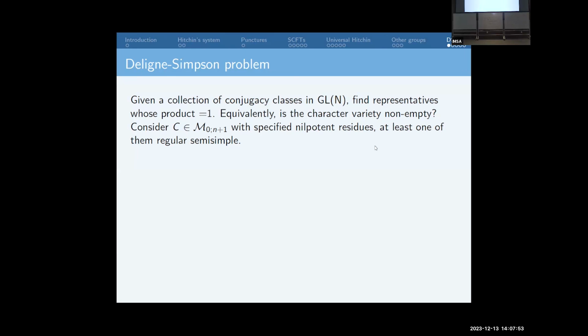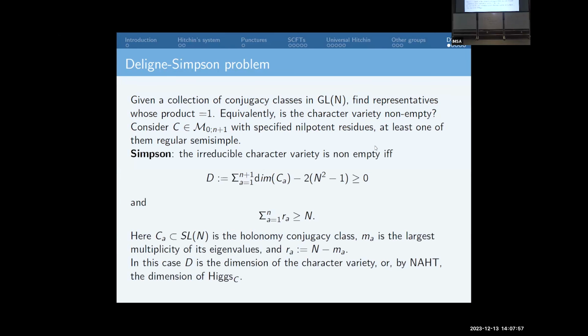Then the additional character variety is not empty if and only if two numerical conditions hold. Let's not get into that, it's complicated. You can just see what the conditions are.